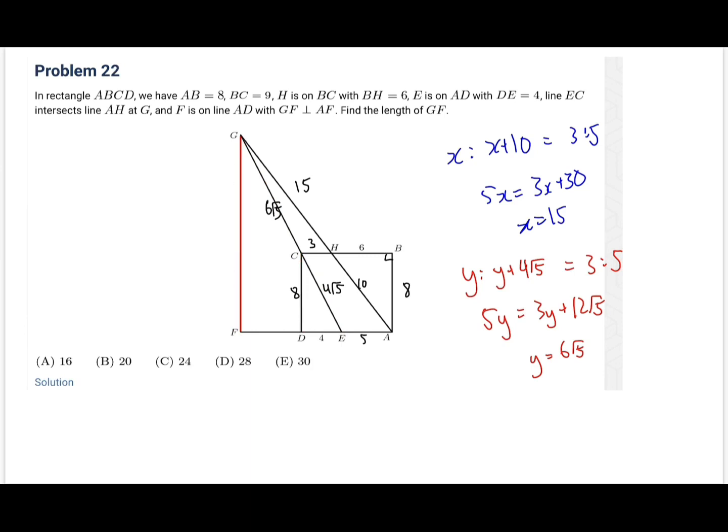And so 4 root 5 to 10 root 5, because it's the whole thing, would be the same as CD to GF. But then this here is the same as 4 to 10, which is 8 to 20, right? So since CD is 8, GF is 20. That means for problem 22, the answer is B.